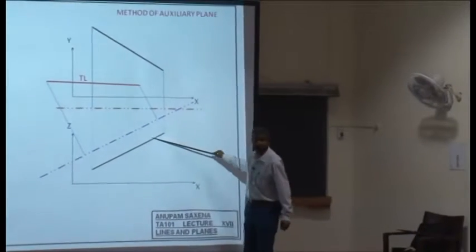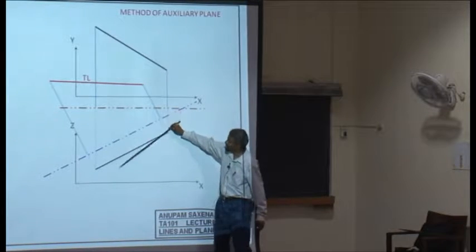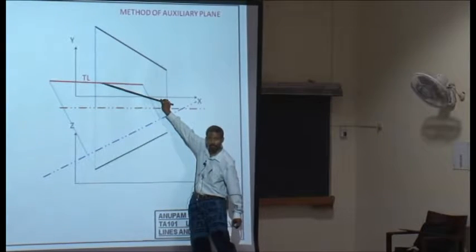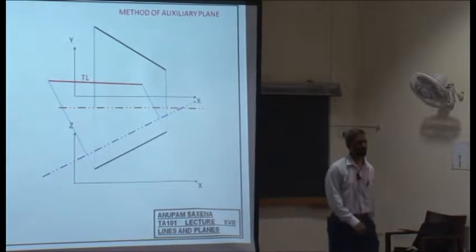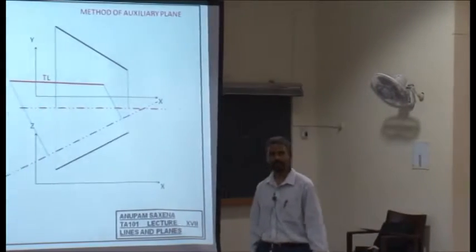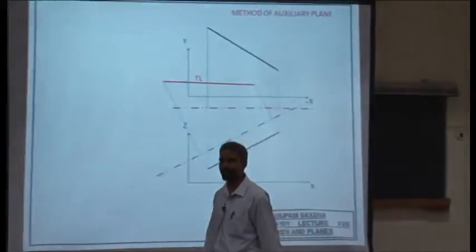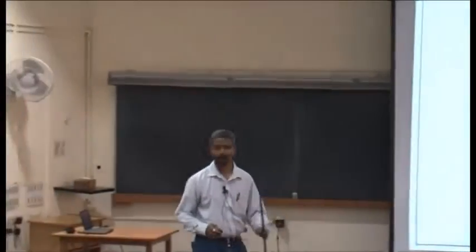This projection is parallel to this hinge line, and therefore the other projection will be giving the true length of this three-dimensional line. And this is going to be true in case of auxiliary plane as well. With me? All right.